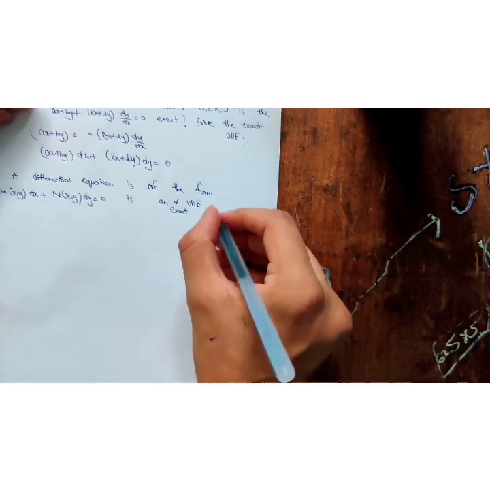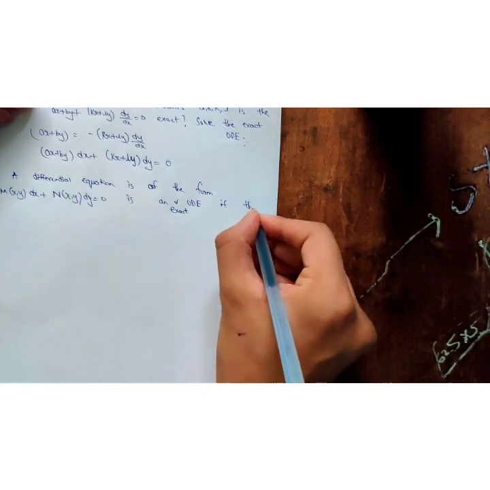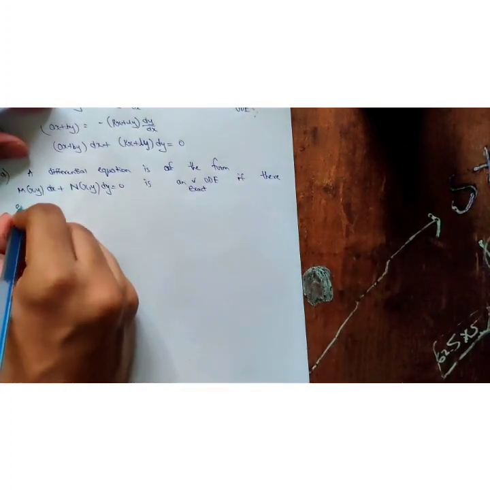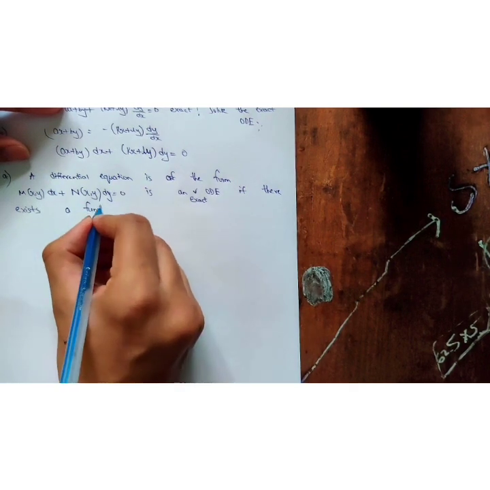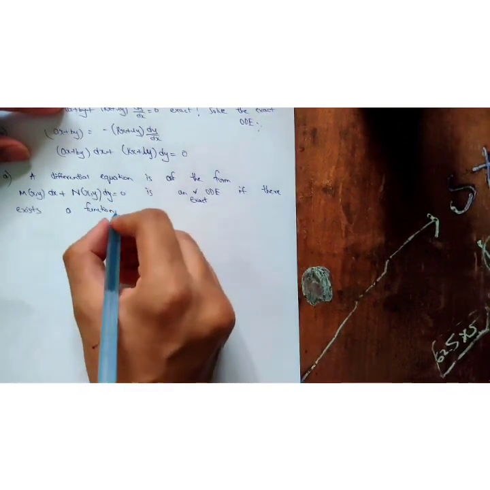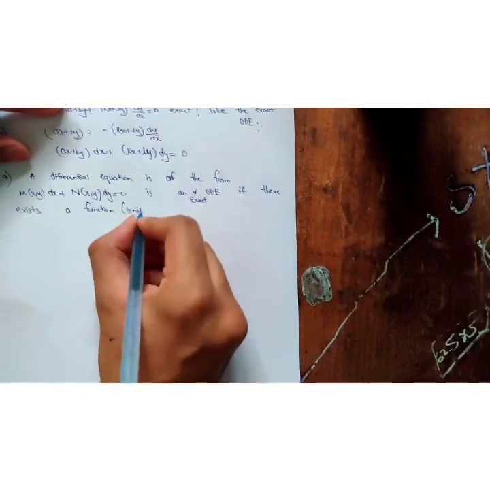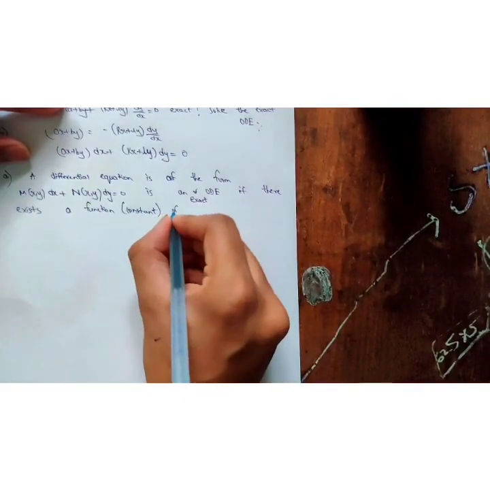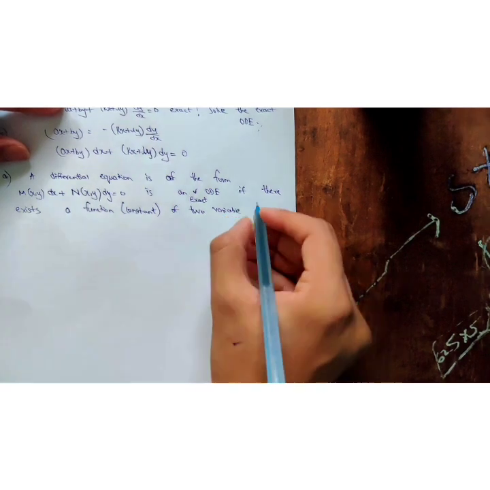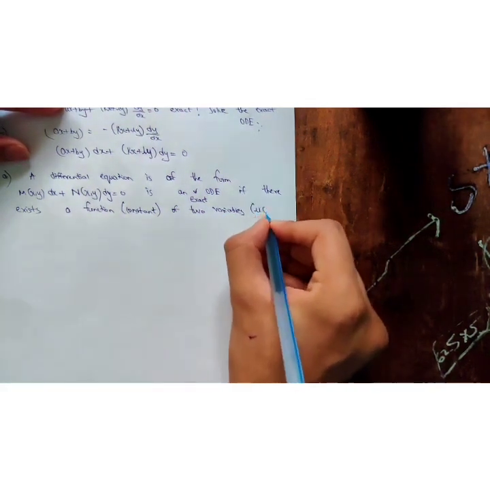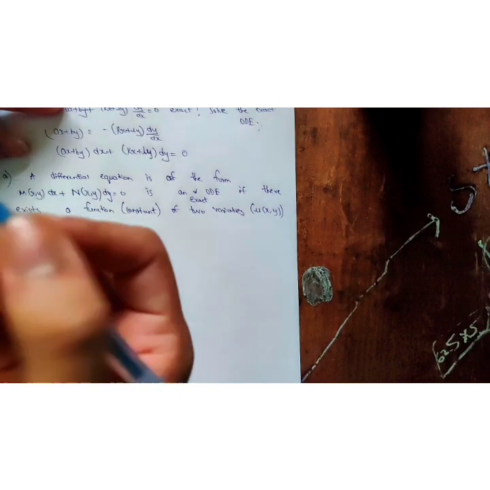if there exists a function, more precisely a constant function of two variables. For example, we'll take it as u(x, y).